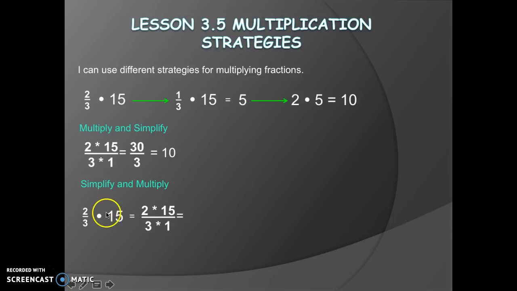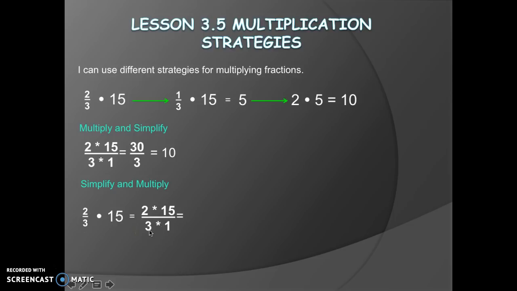So if I'm going to multiply my numerators and multiply my denominators, I can see that 3 is a factor of 15. I can take any number on the bottom and any number on the top. It doesn't matter if I'm crisscrossing or if they're right above each other.